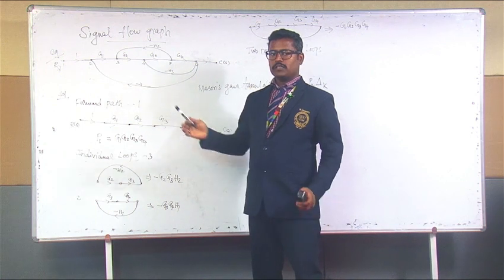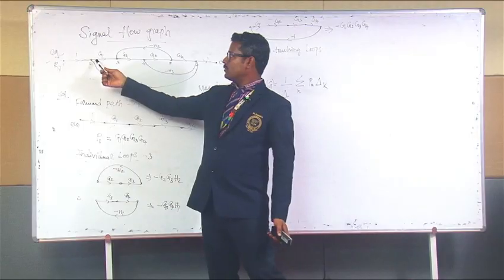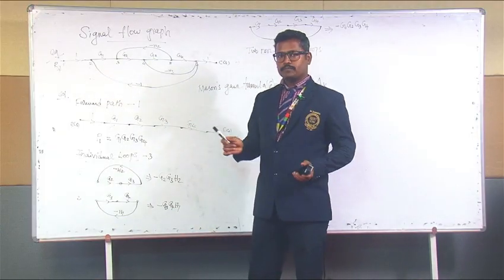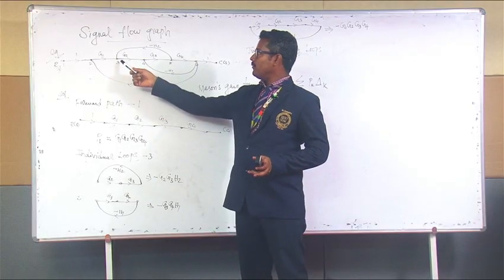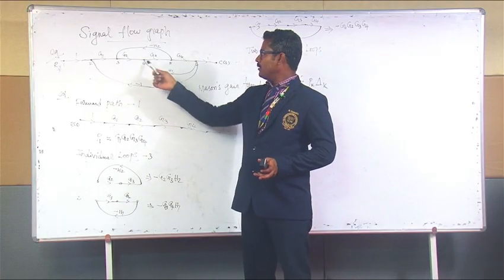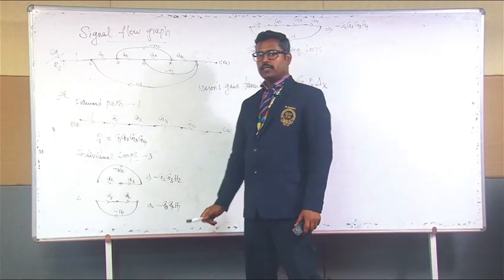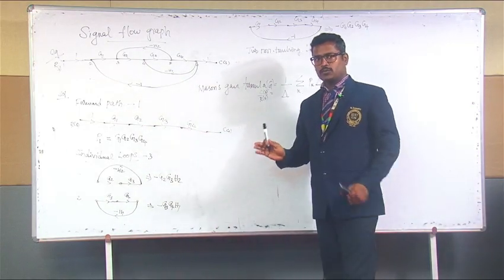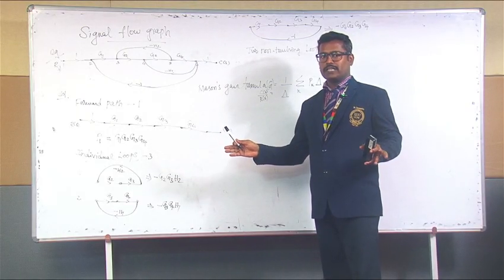So there are no two non-touching loops. Non-touching means the two loops should not share the same node. Here the same nodes 3, 4, 5 are present in loop 1, loop 2 and loop 3. The two loops should be at different nodes, not touching each other.